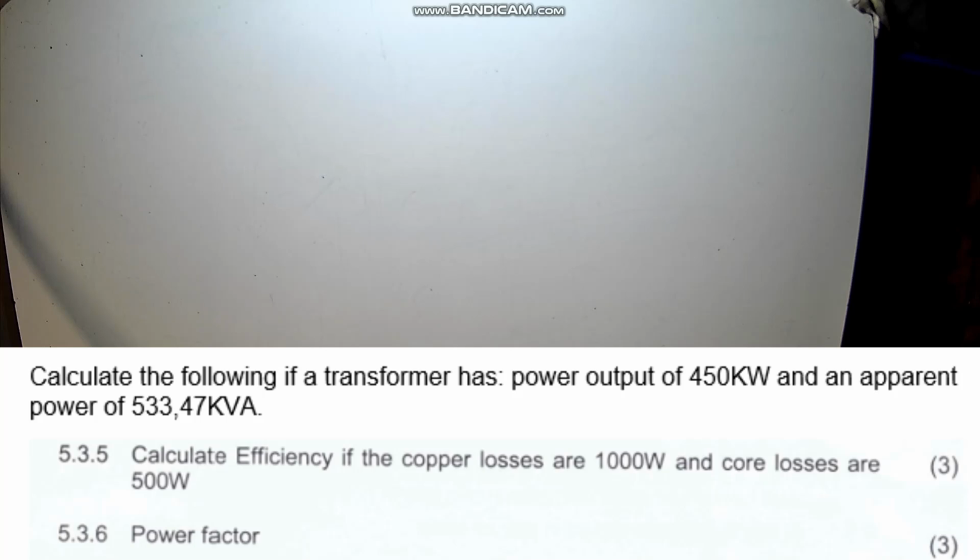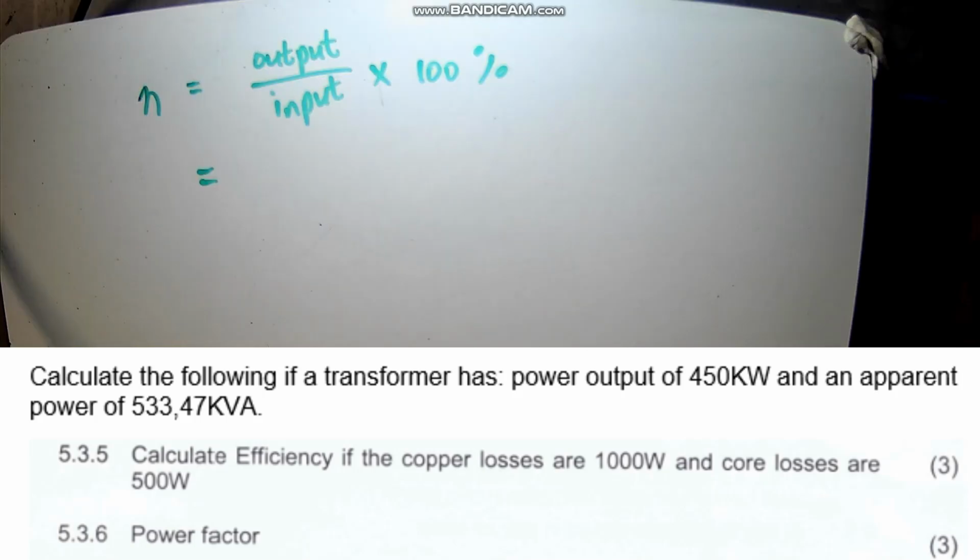So it's going to be the true power over the apparent power, which will give us power factor. But in this question, in 535, it says calculate the efficiency if the copper losses are 1000 watts and the core losses are 500 watts. Okay, so those are the two losses that will need to be added to the denominator.